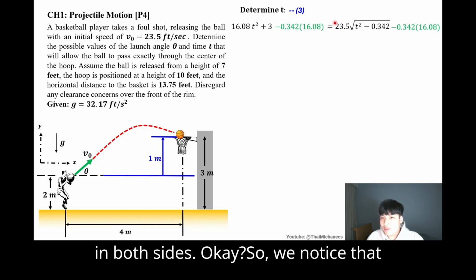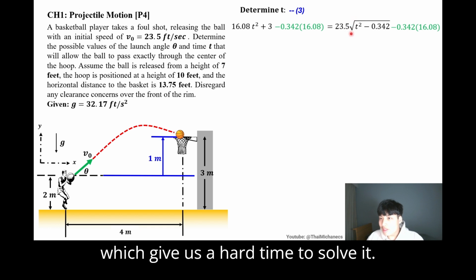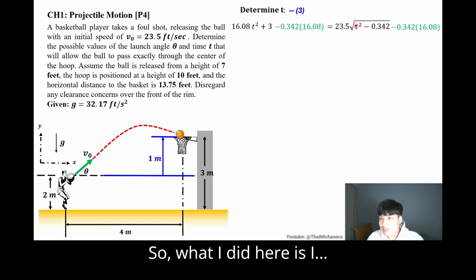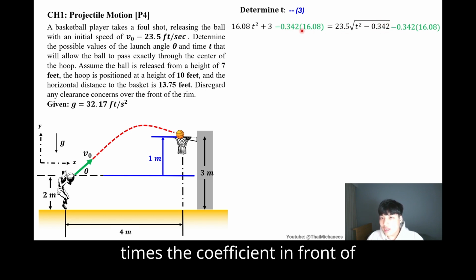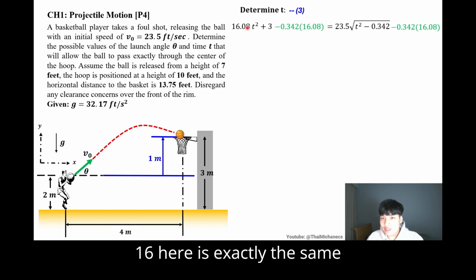We notice that the t squared minus 0.342 is inside a square root, which gives us a hard time to solve. So what I did here is subtract the same constant times the coefficient in front of t squared. You notice that the 16 here is exactly the same as the 16 here.